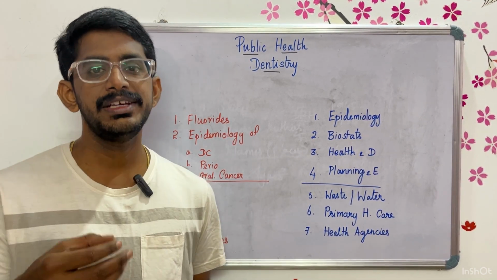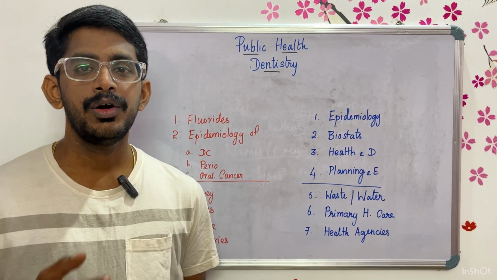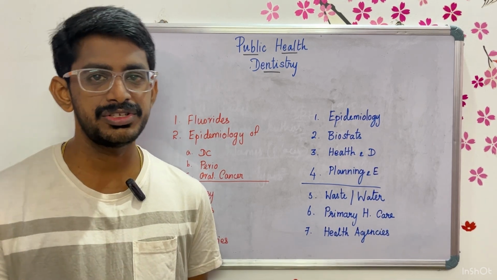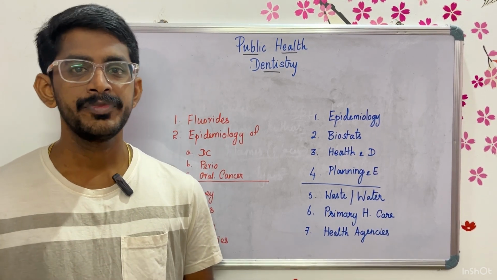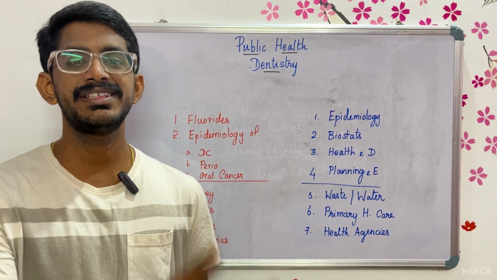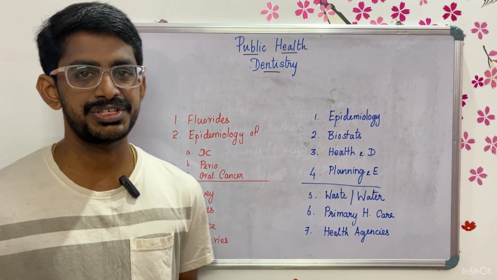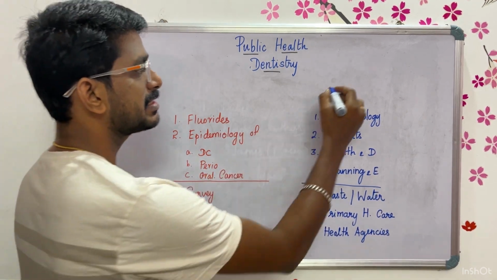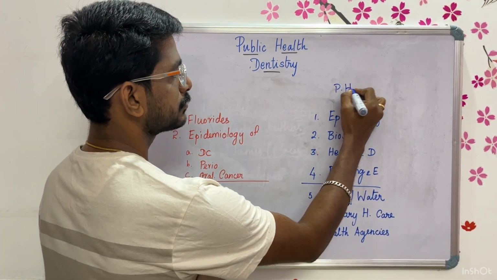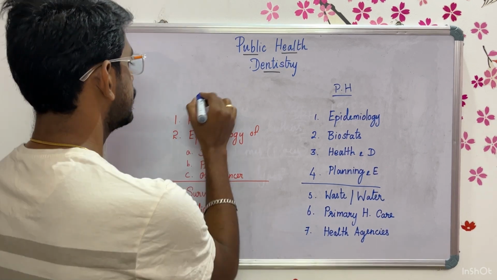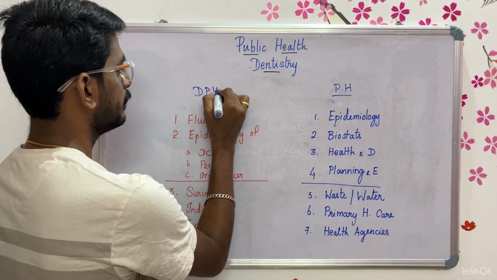Like many other dental subjects, like how oral surgery is dealt as oral surgery and local anesthesia, like how oral medicine is oral medicine and radiology, we have to deal with public health dentistry under two sections. This is public health. The next section is dental public health.